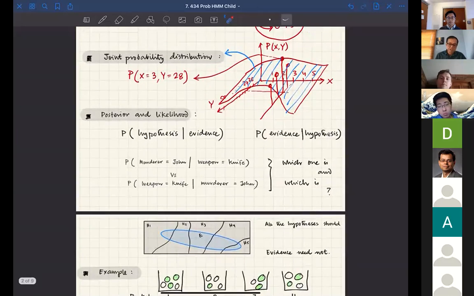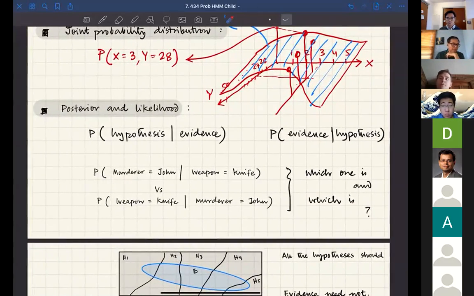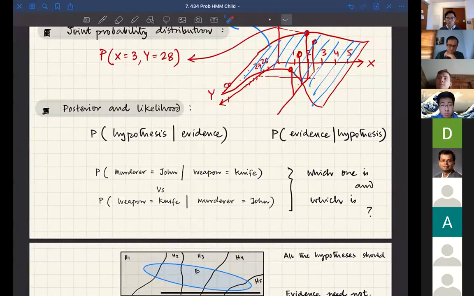Next, let's talk about posterior and likelihood. Oftentimes people think of posterior and likelihood as one being the probability of hypothesis given evidence, and the other the probability of evidence given hypothesis. Which one is which? Does anyone know?